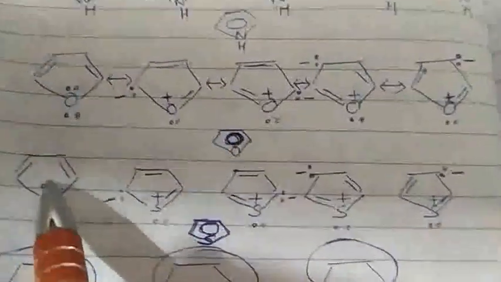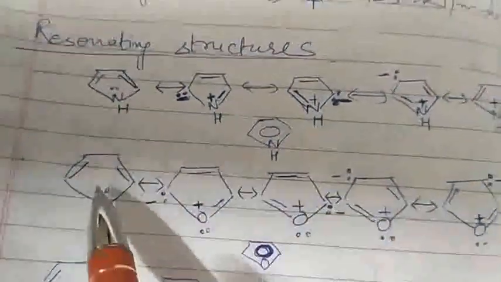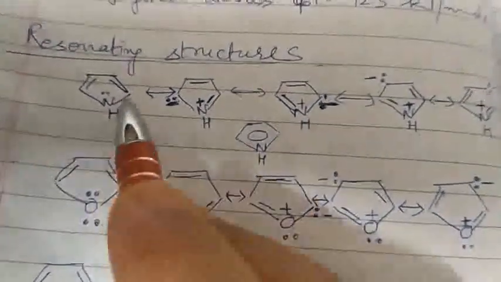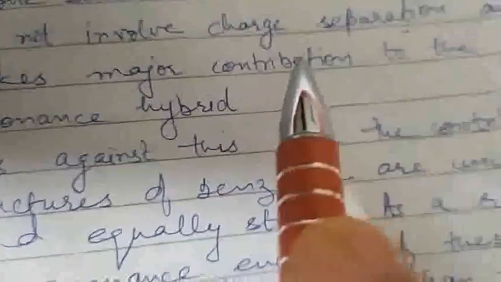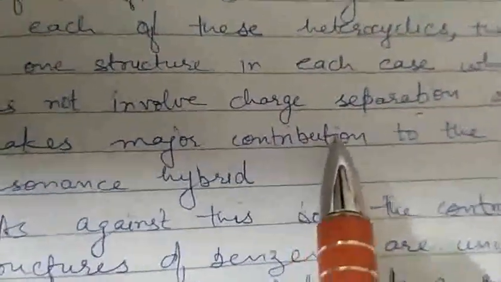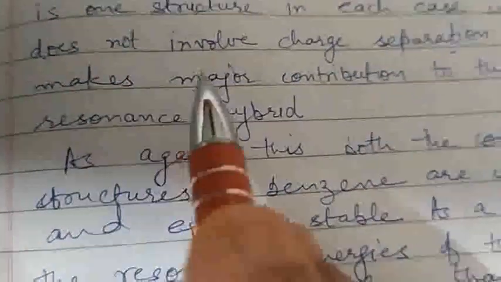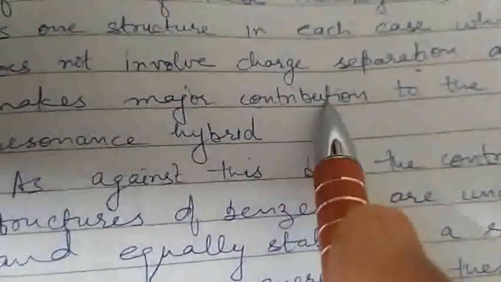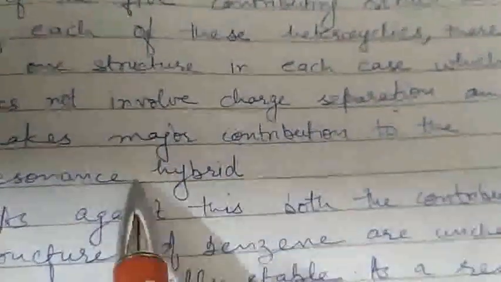That is this structure here in thiophene, this structure in furan, this structure in pyrrole, and this structure makes the major contribution to the resonance hybrid.